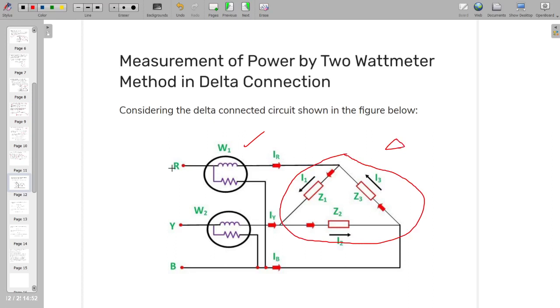The first wattmeter's current coil is connected to the R phase and the potential coil, or pressure coil, is connected between the R phase and B phase. The second wattmeter's current coil is connected to the Y phase and its pressure coil is connected between the Y phase and B phase. So this is the connection arrangement to measure the power with 2 wattmeters for the delta connected load.